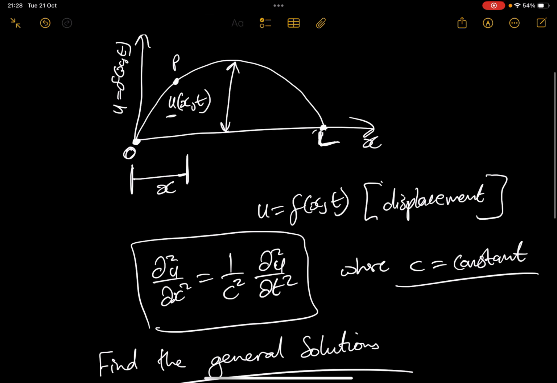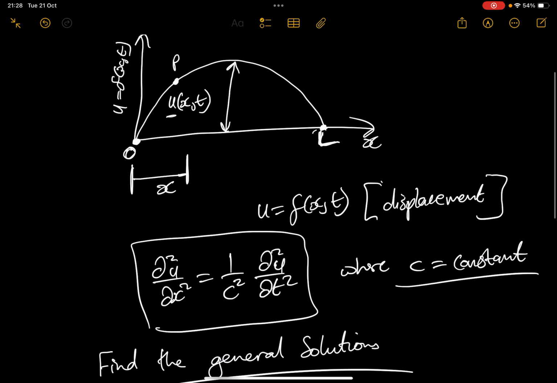And for t, it's going to be the same thing. I used a, b here; here I'm going to use c. A, b are constants, so c is also a constant: c e to the power c root mu t plus d e to the power minus c root mu t. So now we have the cumulative function for x and t, so we can find the general function.